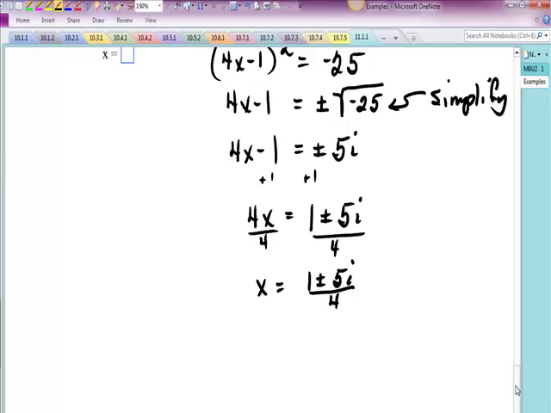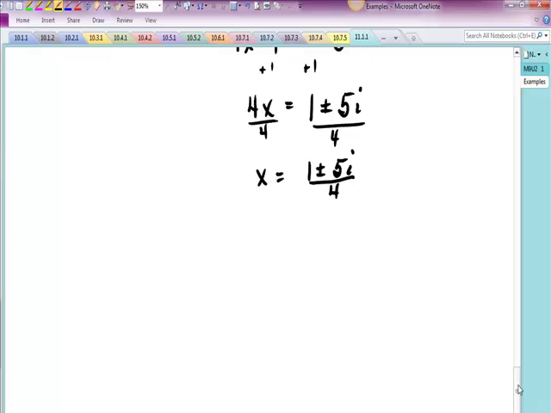And in MyLab, you would need to separate this into two answers, 1 plus 5i over 4 and 1 minus 5i over 4, which, by the way, are conjugates also. So if the answers are irrational, you get conjugates. If the answers are complex, you get conjugates.